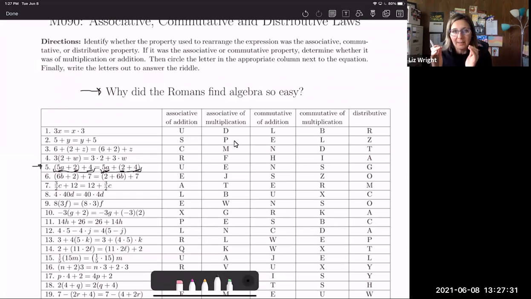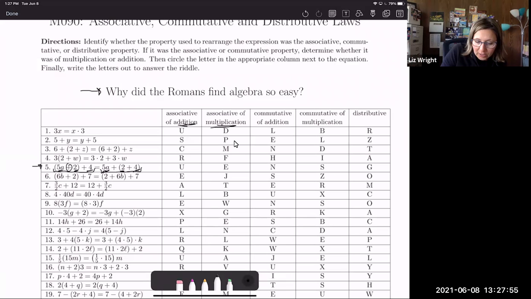What property is it that moves the parentheses? I'm hoping you're thinking associative property, right? We associate with groups. So it's associative property. Well, how do we decide? Is it of addition or is it of multiplication? Because that's what we have to decide now. Well, did it move across addition or did it move across multiplication? And it changed position across addition.